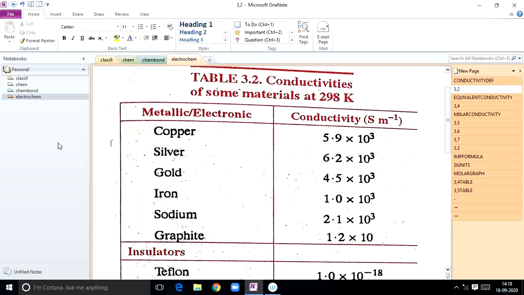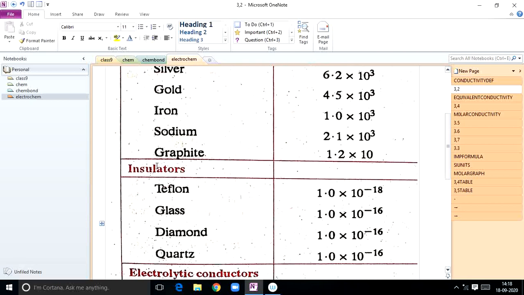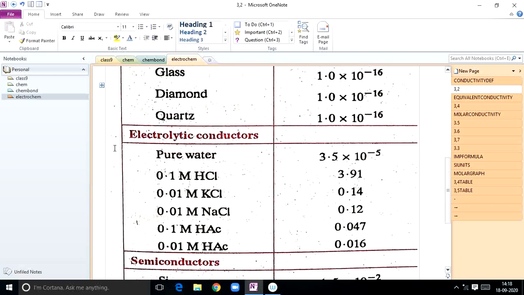Copper, you can see the values. What is the K specific conductance of certain metals: copper, silver, gold, iron, sodium, graphite. These are metallic or electronic conductors. And next, insulators. Examples: Teflon will have the kappa value. Glass, diamond, quartz. And electrolytic pure conductors, pure water has specific conductance value 3.5 into 10 power minus 5.